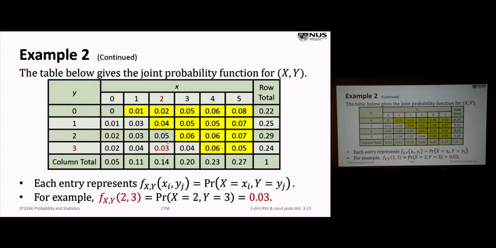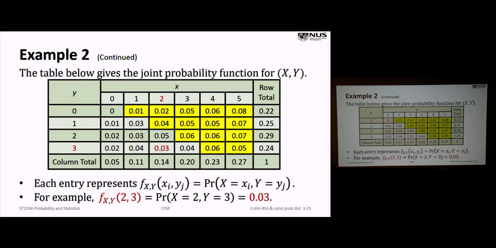Respectively, if I go to this red point here, the probability that X takes the value 2 and Y takes the value 3 is defined to be 0.03. This function is given to us. There's no way to derive it, well, possibly, but with the information we have, we're just given this. So there's no question of where it comes from.